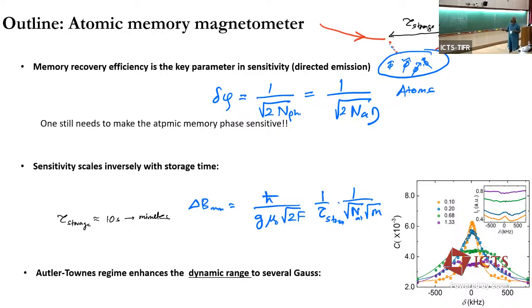Finally, a point for the technical people in the audience: sensitivity is not the only thing of interest for practical magnetometers, because there's also the dynamic range, the range of magnetic fields over which it works. A huge goal in the field is to make the line widths very narrow, which means the magnetic resonance happens over a very small range of magnetic field.